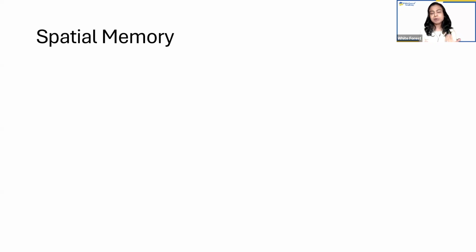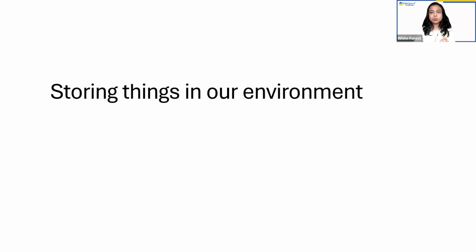So whenever we travel from one place to another, we create a map inside our head, and that's what is spatial memory. And using this tool, it helps us to store things in our environment. Okay, so we can store things in locations, in environment, in places, and then we can recall them.